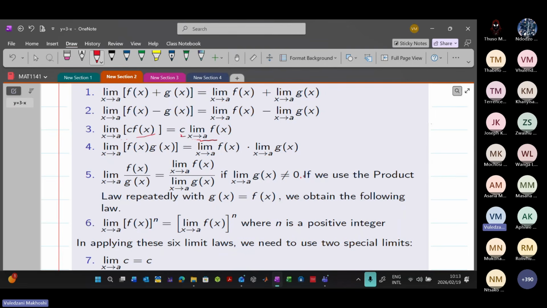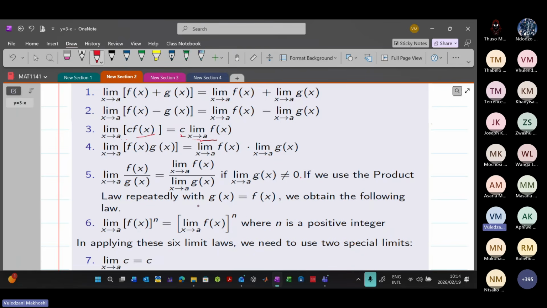This should have started on a new line where we are just saying that, for argument's sake, if you look at number 4, we've got two different functions. But here we are explaining the fact that we can have the limit of a function multiplied by itself and so on, because f of x raised to the exponent of n is just f of x times f of x times f of x, n times, like that.